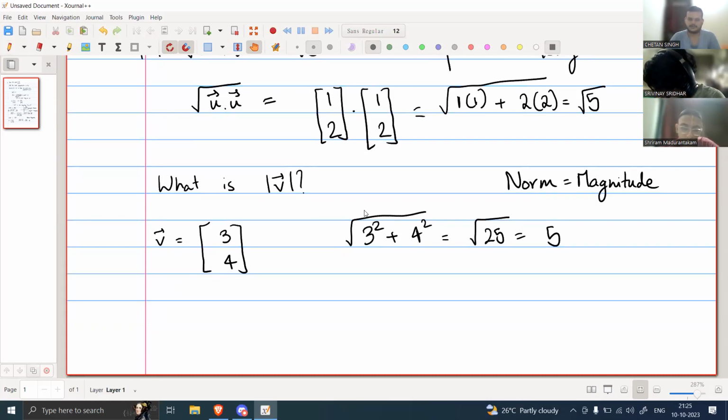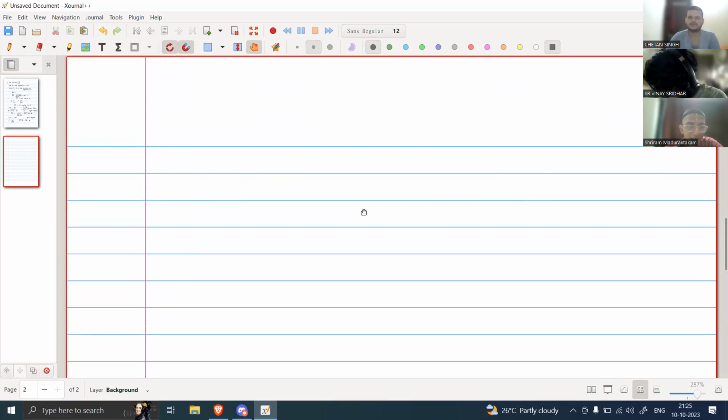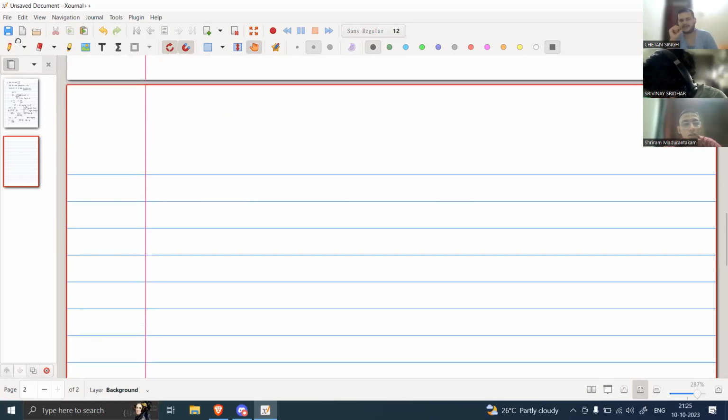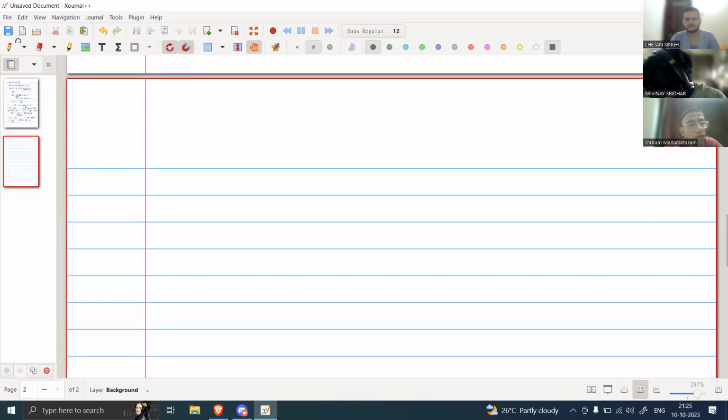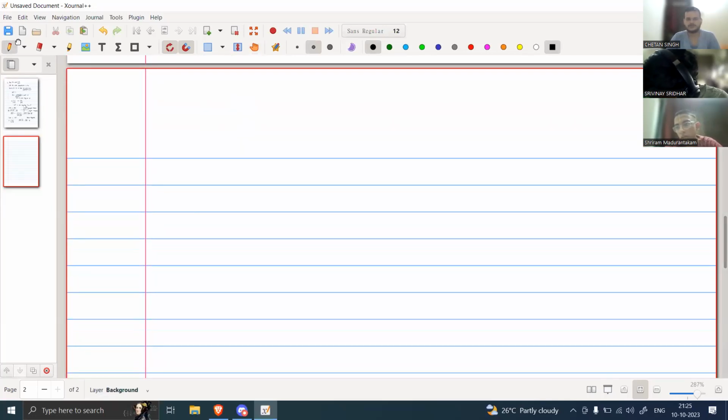Now that we have magnitude, somebody was explaining how we get the dot product. So the norm of u is root 5, and the norm of v is 5. Now I want to find the dot product between u and v.